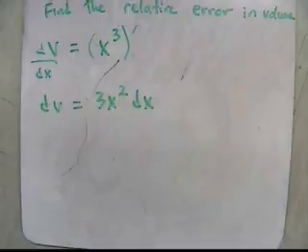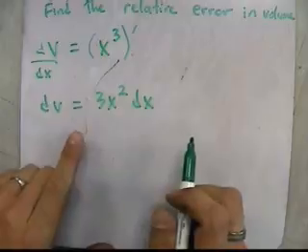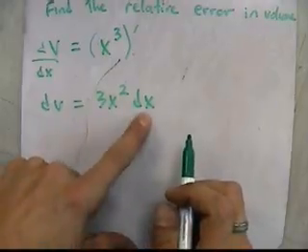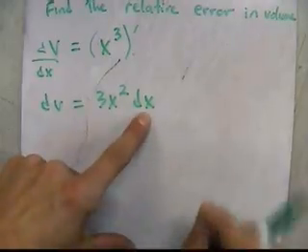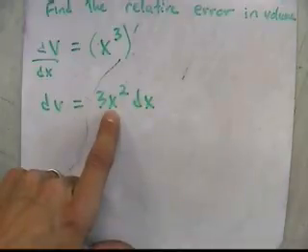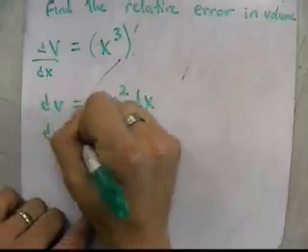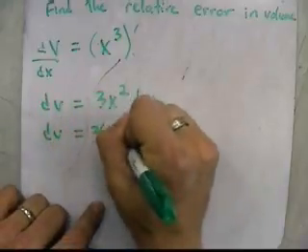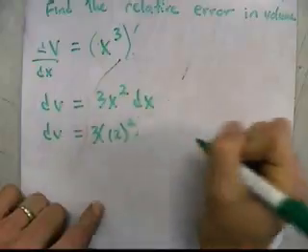Would dx be the 0.03? Dx would be the 0.03. Perfect. That's how much your x values are changing. That's exactly right. Now, what's the x value for this cube? 12. Okay, that's how much I want it to be, right? So my dV is going to be 12 squared, multiplied by dx.